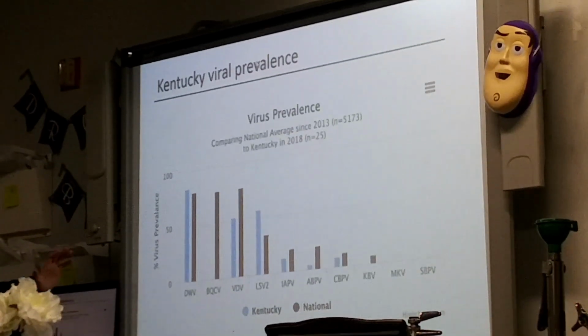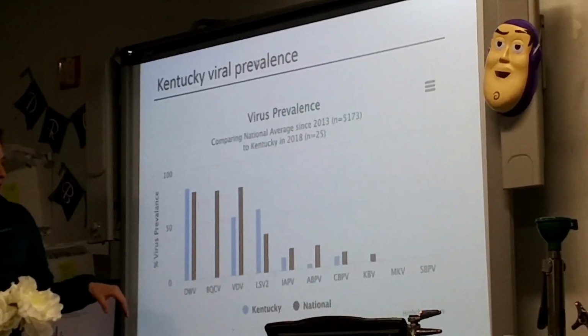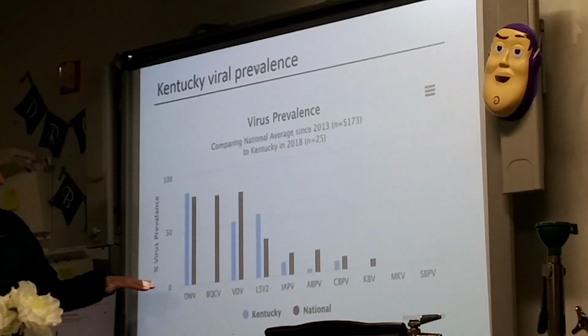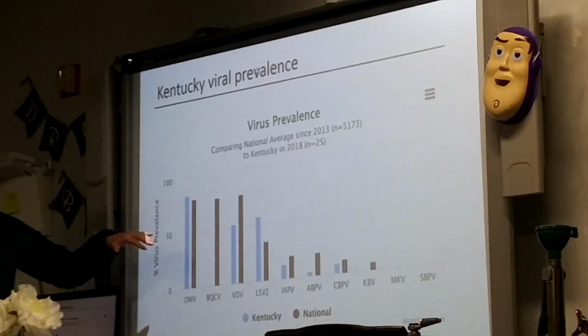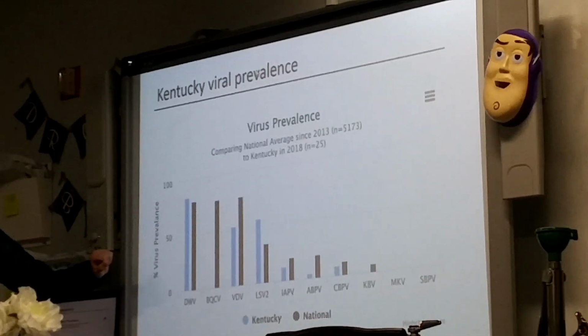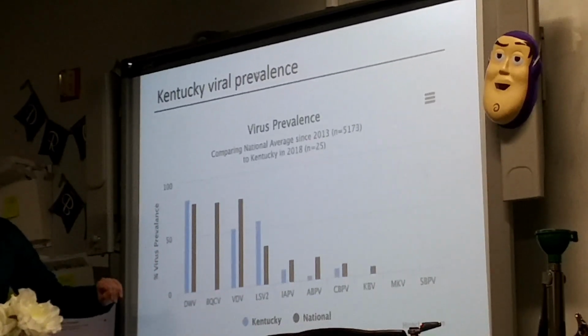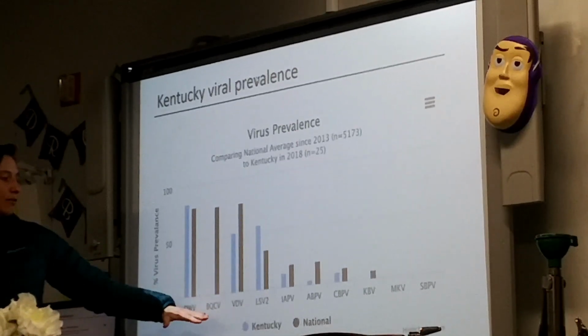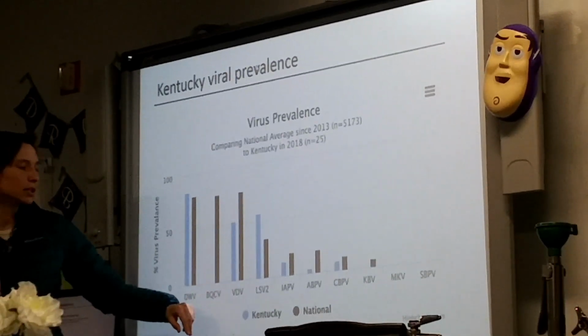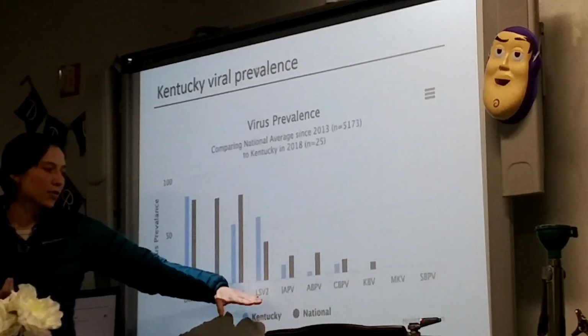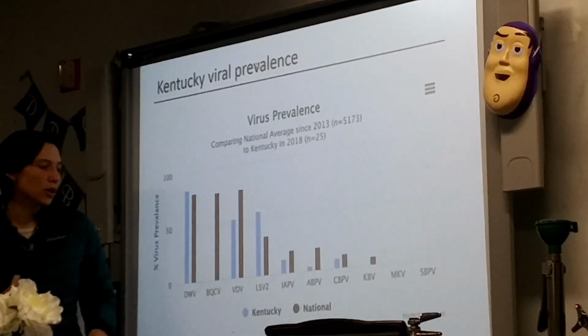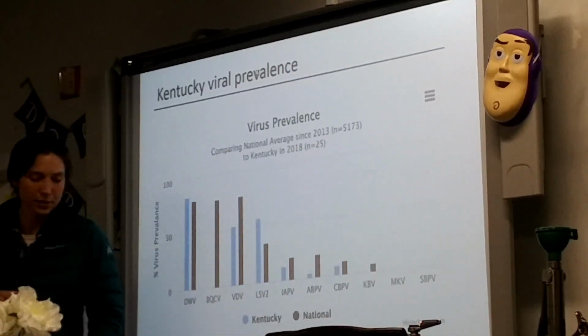So what we see here, there are a couple things that are interesting to me about this. We have high levels of deformed wing virus, or high prevalence, just like everybody else, basically. There are certain viruses that don't seem to be very prevalent in Kentucky relative to other places. We have others that Kentucky seems to show exceptionally high prevalence.